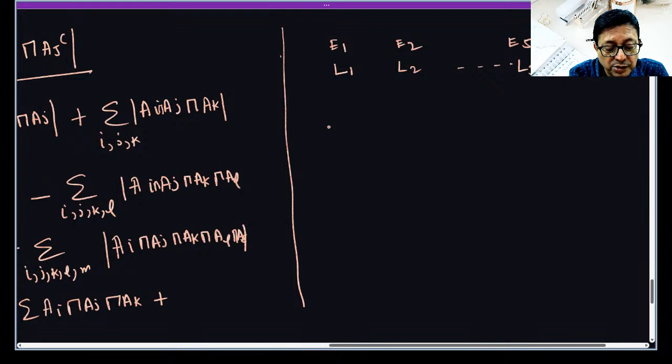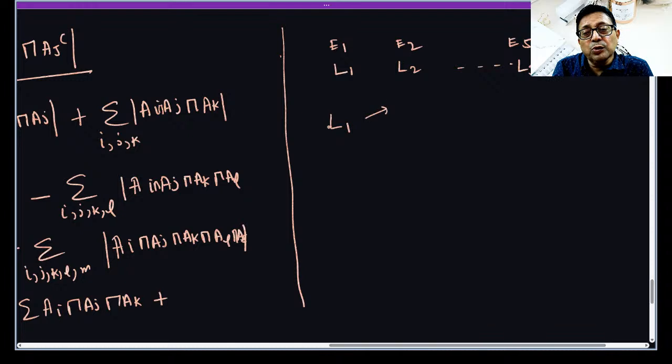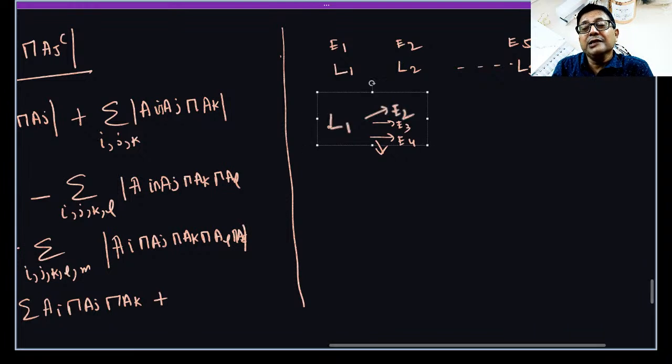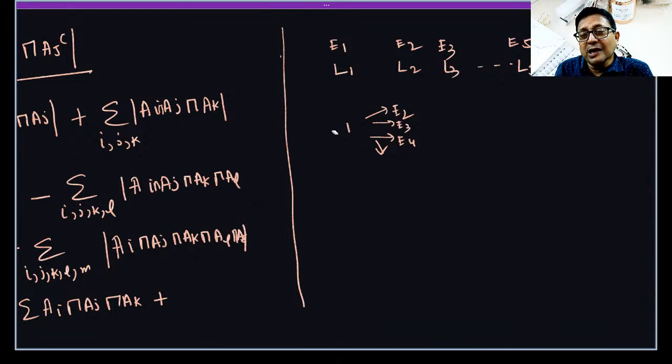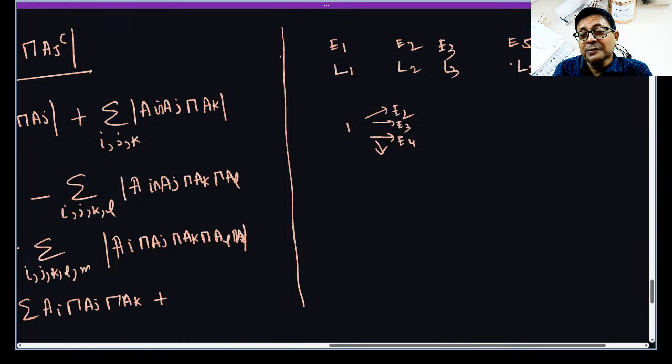How to find it? So what you will do here, you will assume that L1 will not go to E1, but it can go to E2, E3, E4 envelope. These are envelopes and these are letters. You are placing letters into envelopes. By mistake, all go to wrong envelopes. How many ways it can be done, that we are discussing here. Okay?